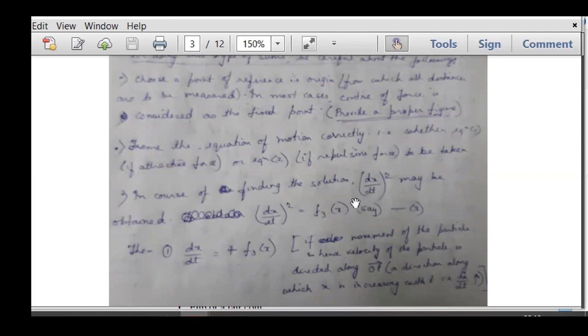Okay. So what is (dx/dt)²? dx/dt, first and foremost, is the velocity of the particle. Again, you see, x is the position of the particle and it is changing with t, so it is an inherent property of the particle. On the right hand side, it is coming from the external source, because initially it was F1(x), the external force which was given, and by doing some operation, integrating, we have obtained this.